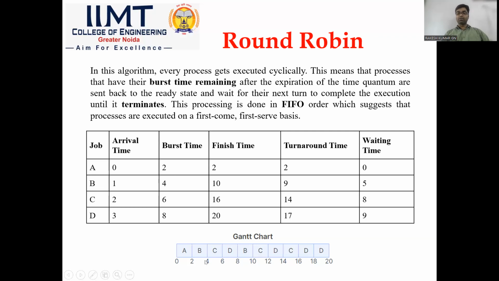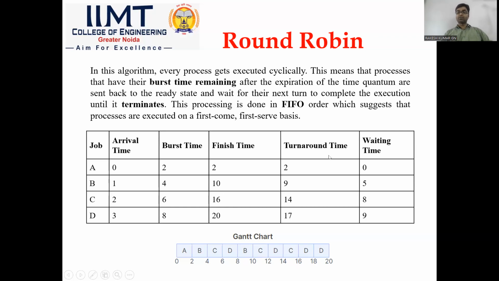The complete execution of process B finishes later, so the completion time for process B is 10, for process C is 16, and for process D is 20.